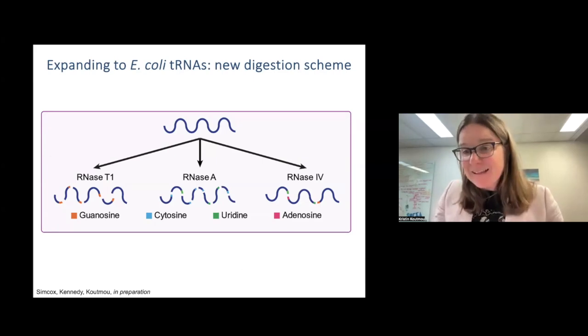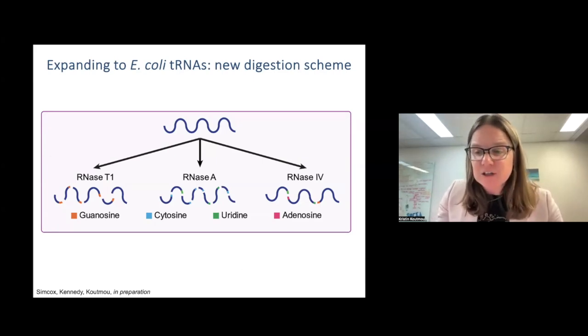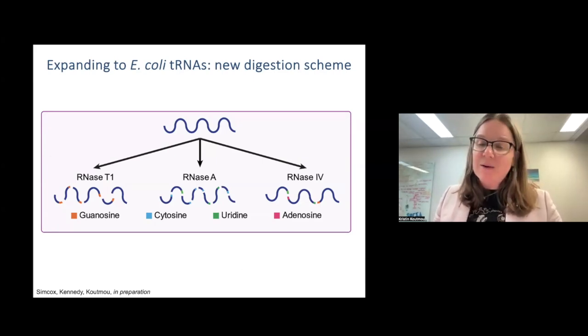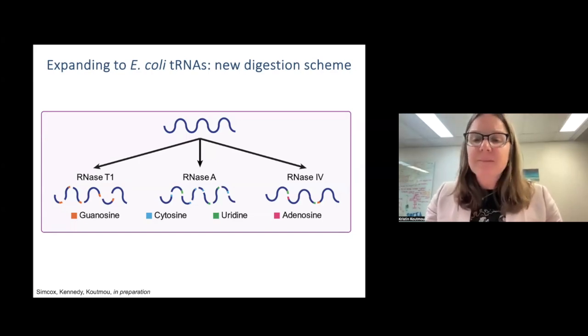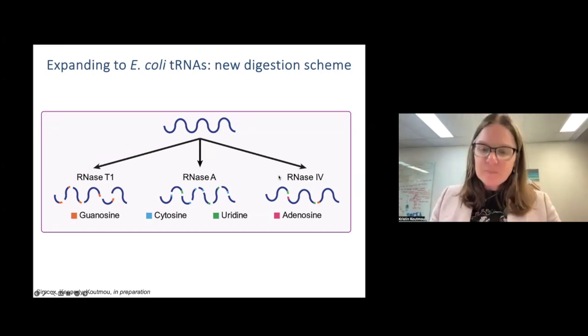Since then, Kaylee has started in lab, and she's worked on expanding this and extending it to mapping E. coli tRNAs. And in order to do this, she's incorporated a new commercially available enzyme, RNase 4.